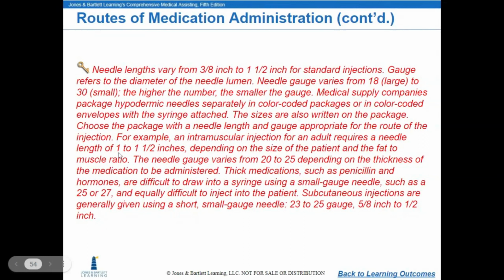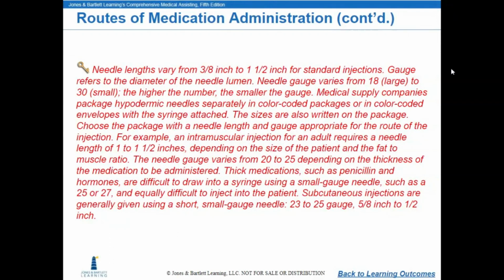We can do an intramuscular with a 25 gauge 1 inch. But if I say, what injection do we give with a 25 gauge 5/8 inch? Even though the gauge size is the same, the length of the needle matters. Because that 5/8 inch needle is not going to be long enough to reach the patient's muscle for an intramuscular injection.